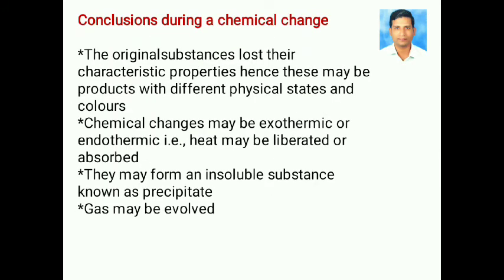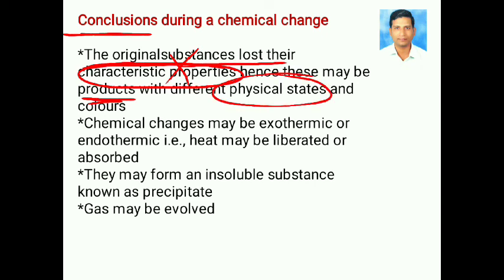From the above activities, that is activity 1, activity 2, activity 3, we may make some conclusions. During a chemical change, the original substances lose their characteristic properties. Hence, there may be products with different physical states and colors.